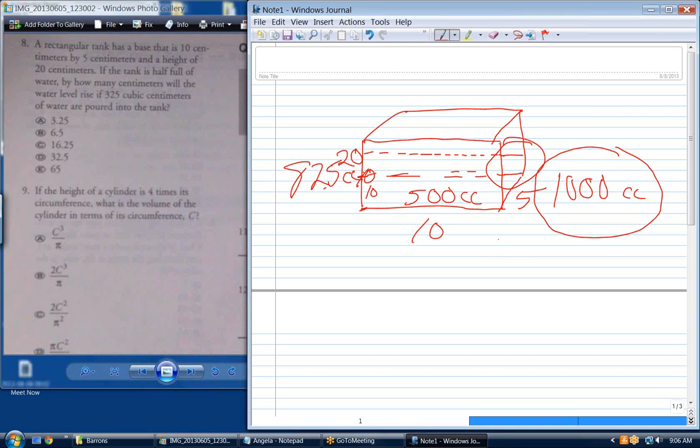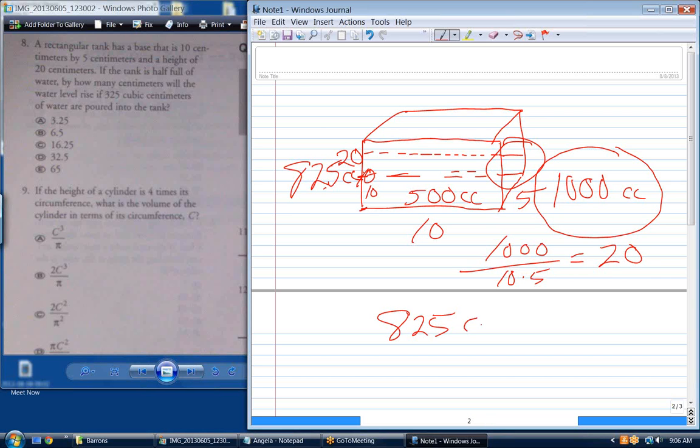In other words, it would be 1,000 divided by 10 times 5, right? Uh-huh. Okay. So our new volume we're looking at is 825 cubic centimeters. So if we divide that by the base and width of the tank that haven't changed, we'll get the new height.